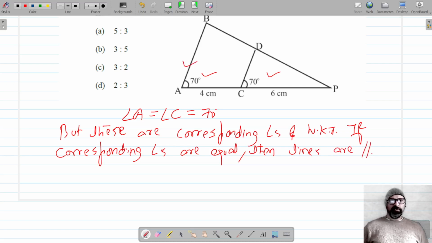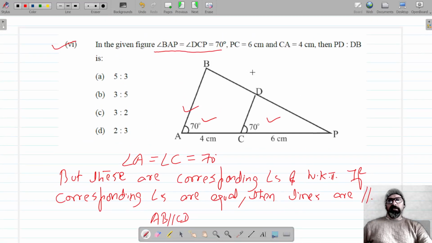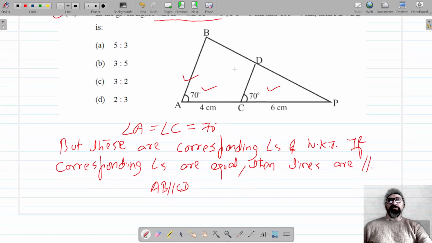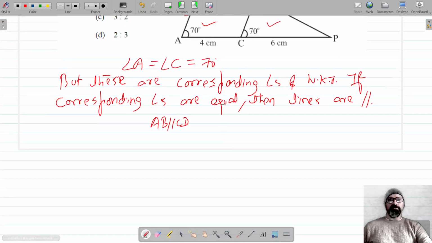So that means AB is parallel to CD. Now, when AB is parallel to CD, we can use the BPT theorem, that is the basic proportionality theorem. Here CA is 4 and PC is 6. We have to find the ratio of PD to DB.